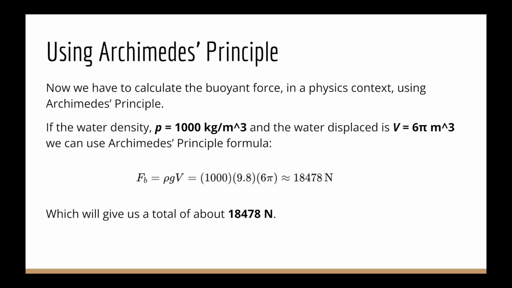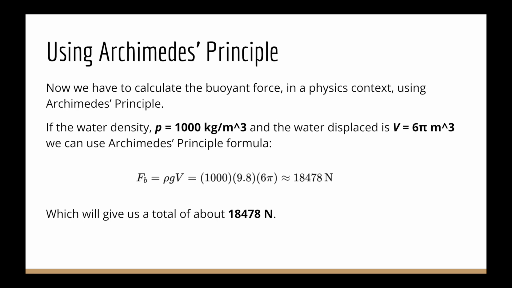For our specific example, if the water density is equal to 1,000 kilograms per cubic meter, and the water displacement volume is 6 pi cubic meters, then we will use the Archimedes' principle formula, the previous one that I mentioned in slide 7: F sub B is equal to rho g V. When we plug in our values, it gives approximately 18,478 newtons. That would be our total buoyant force.